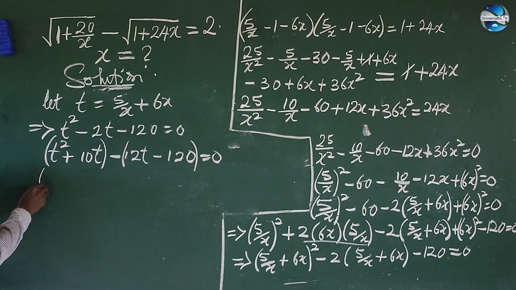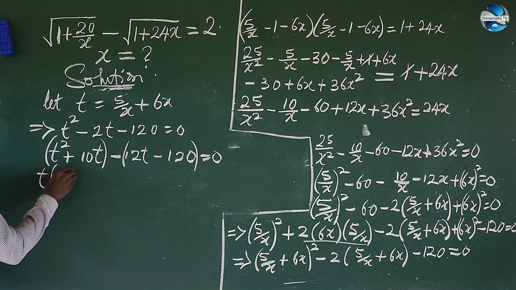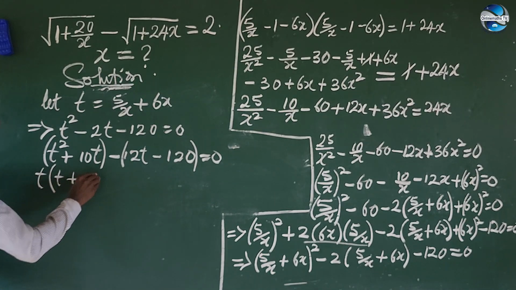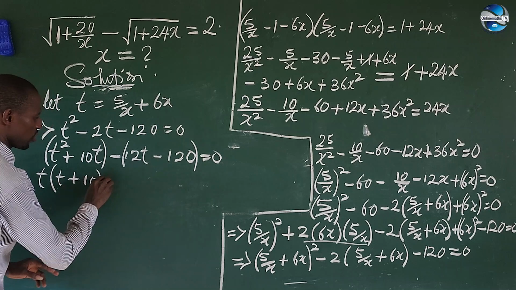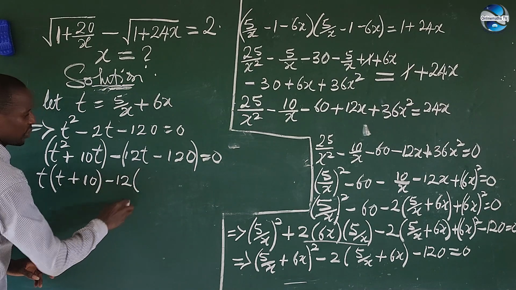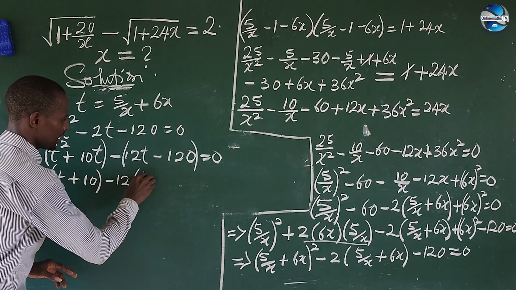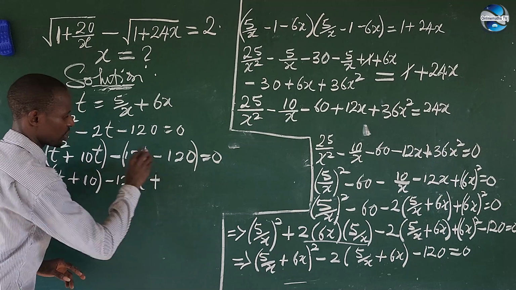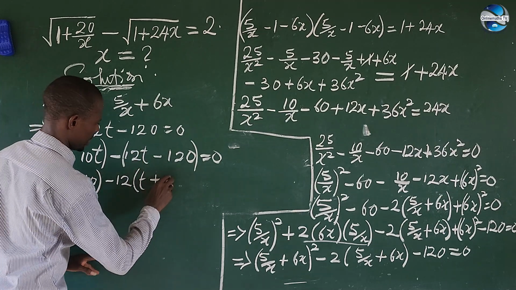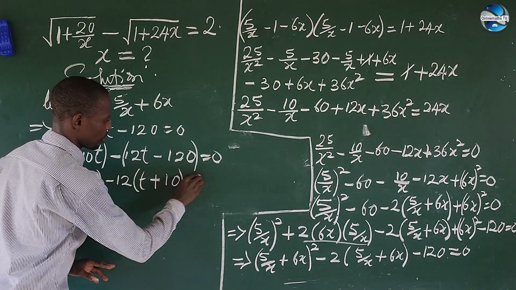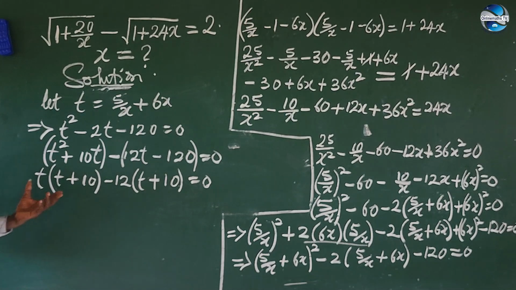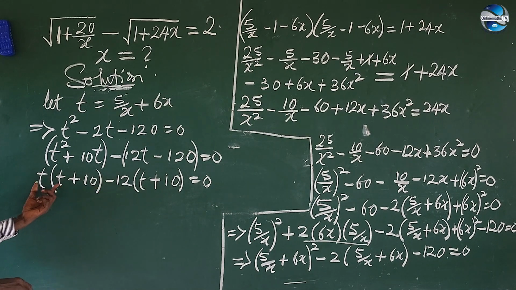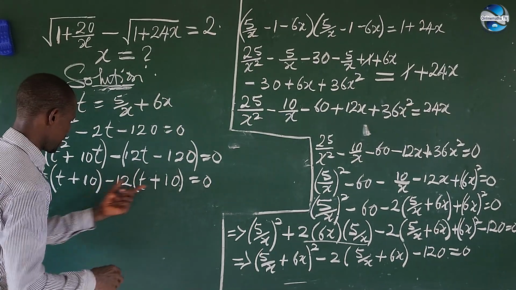What is common here is just t, so we have t plus 10 close bracket. What is common here is 12, so minus 12 bracket. Here it gives us t, minus gives us plus. Then here we're left with 10 equal to 0. So we take this one outside with this and one of this inside.